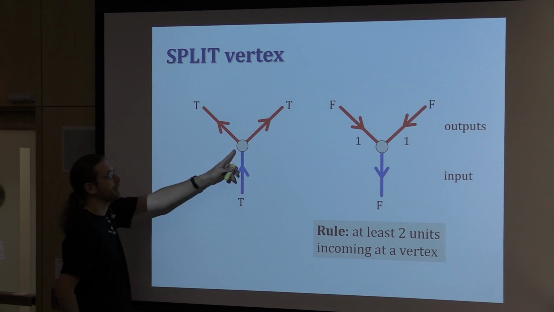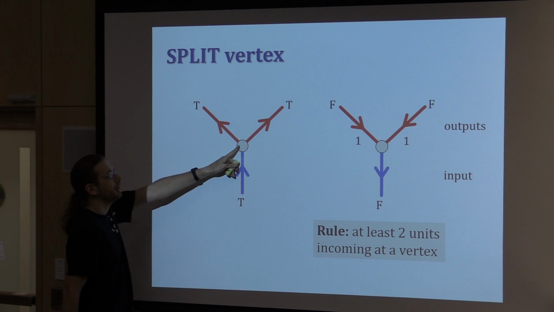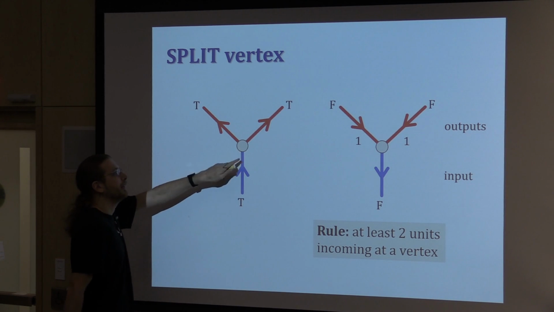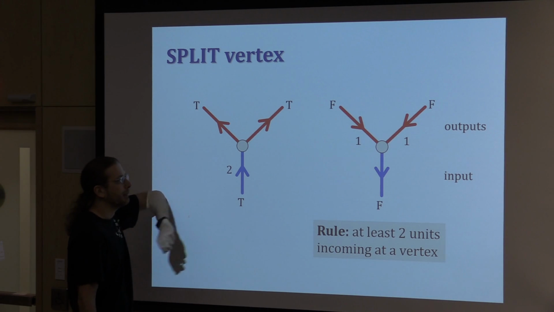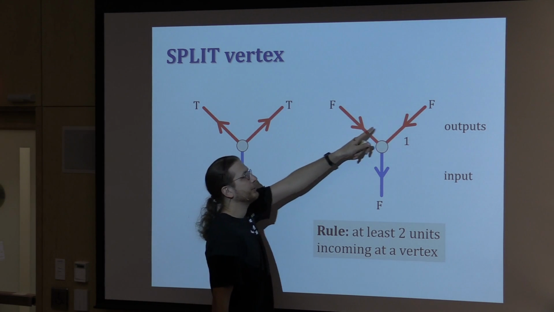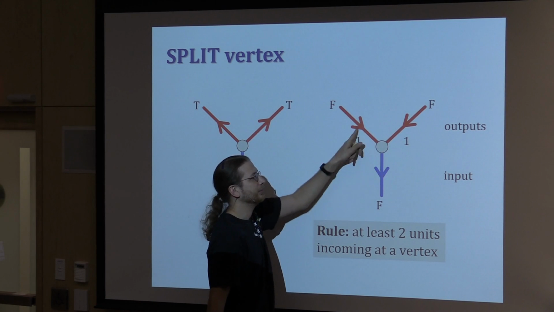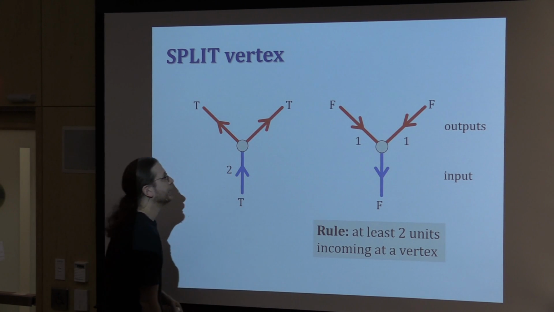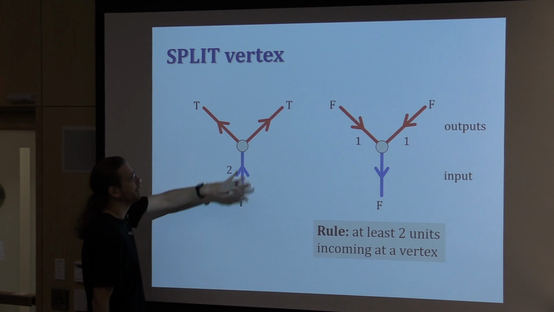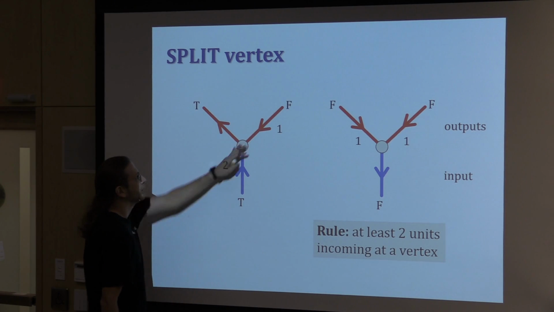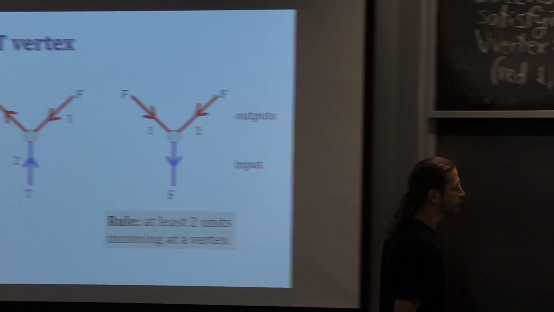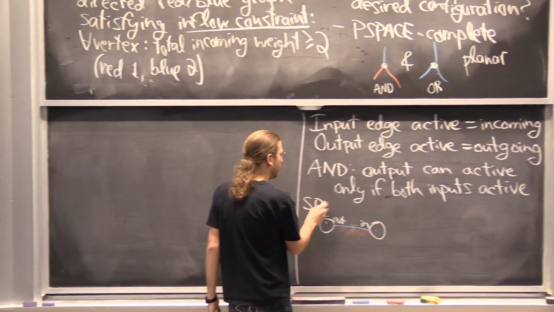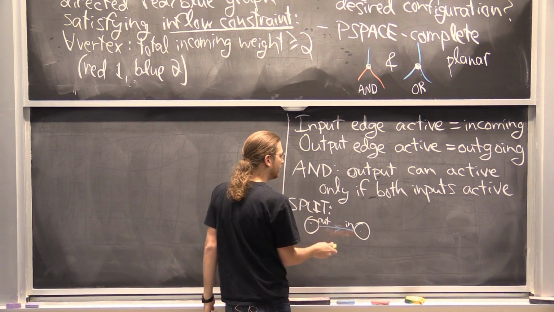So if you have a signal here of true, so this is an active input now, then both of these can be active if they want to be. They don't have to be. But if this is false, then both of these have to be inactive. And there are lots of configurations of this guy. So maybe some of them point in. So the split, that's the same vertex. It's a relabeling of who's active and who's inactive.